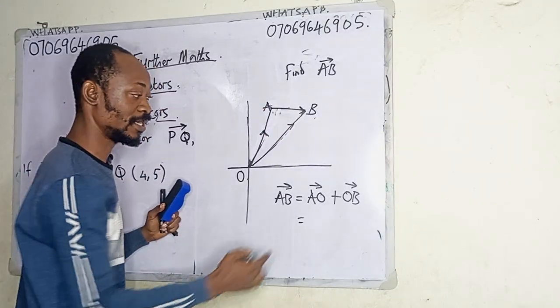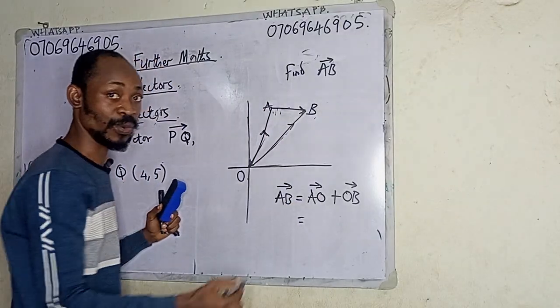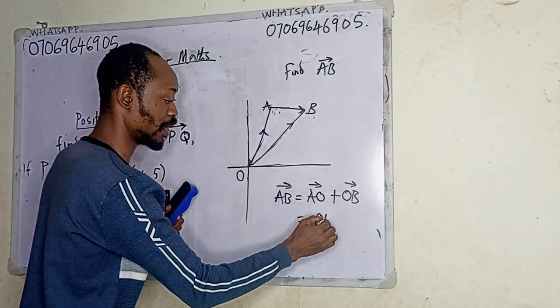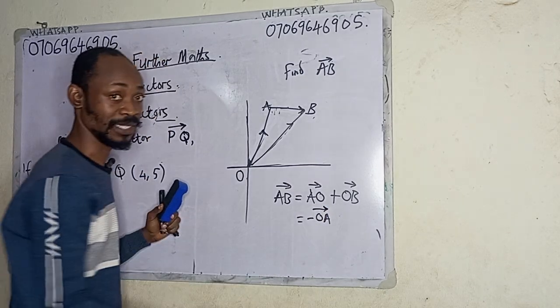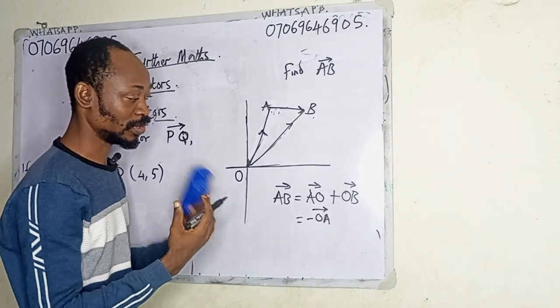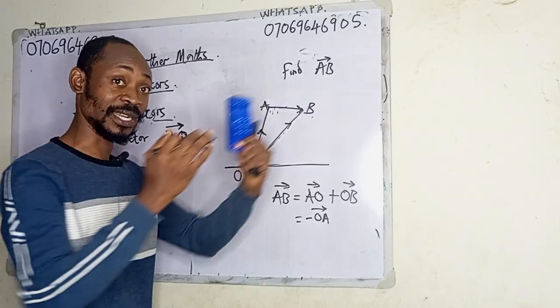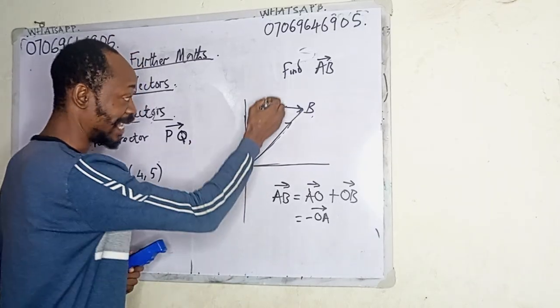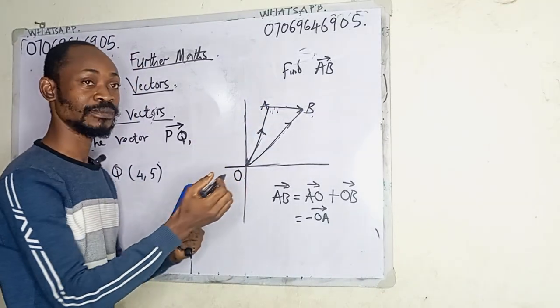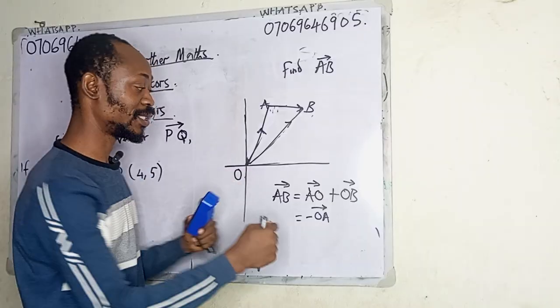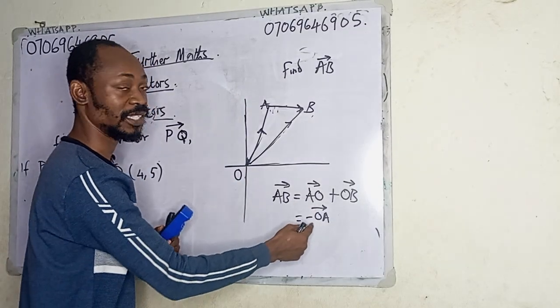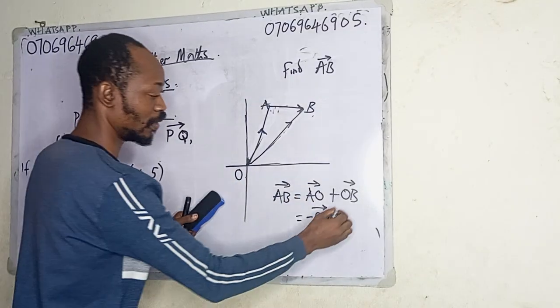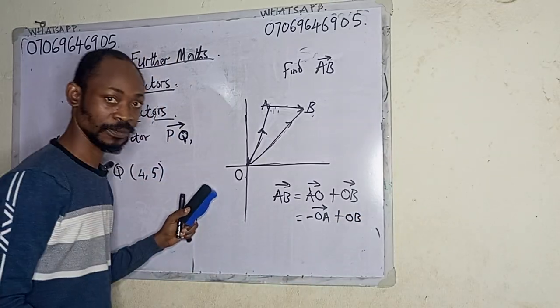And that is why we can write AO as negative OA. They are the same thing, they have the same magnitude, the same length, the same line, but the direction is opposite. That's why AO becomes negative OA, plus OB.